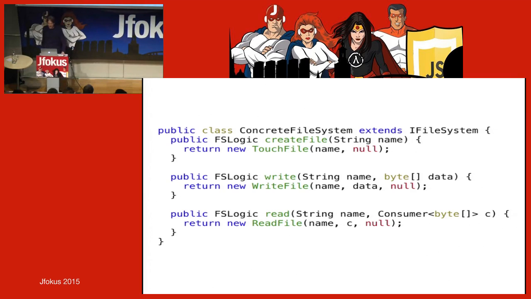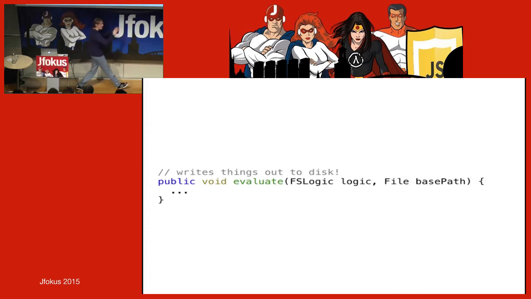And then we write this function, evaluate, that takes an FS logic and a file base path, and it's just going to run the FS logic against the disk, right? So when it asks us to read a file, this evaluator is just going to open a file input stream or open a file channel or something like that and read the data off the disk and give it to us. Just really simple stuff.